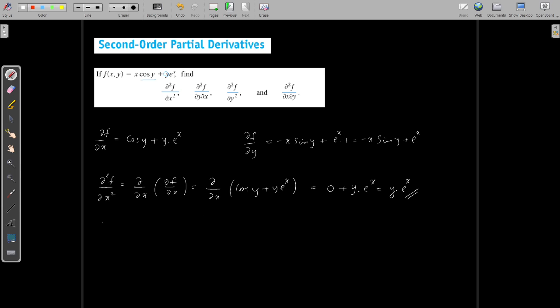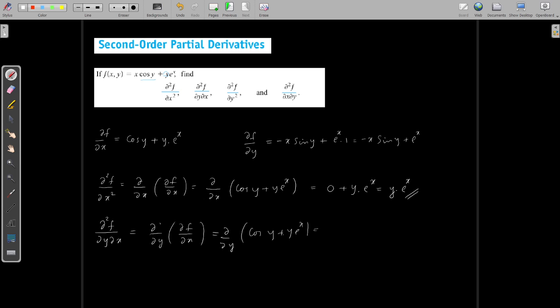Now we can evaluate d square f by dy dx. This notation stands for d by dy of df by dx. That means you need to differentiate this with respect to y again. So that is equal to d by dy of cos y plus y e raised to x.